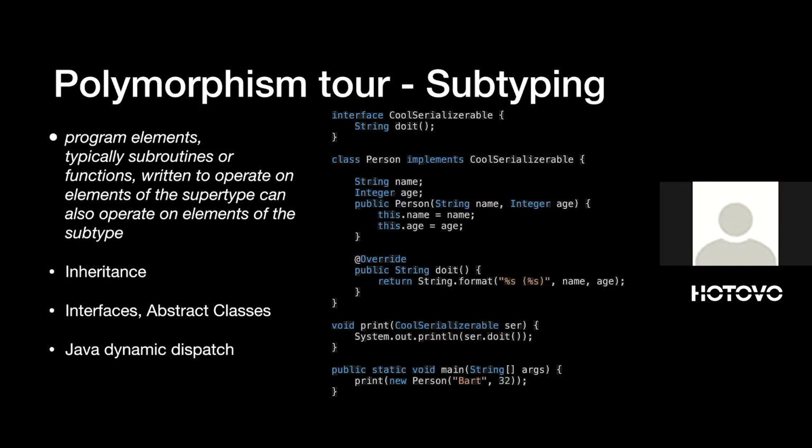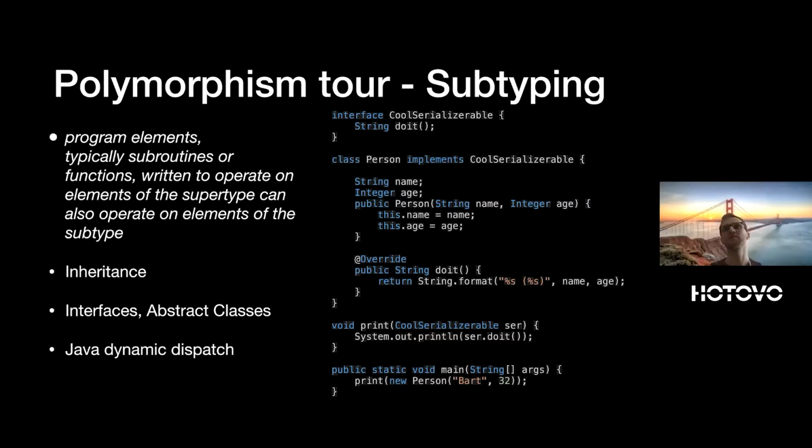It can do whatever it wants to return a string, so it just formats the name and age here. And we have, let's say, a polymorphic function print, which takes in any instance that implements the serializable interface here and just prints it out, using the doIt method on the interface.